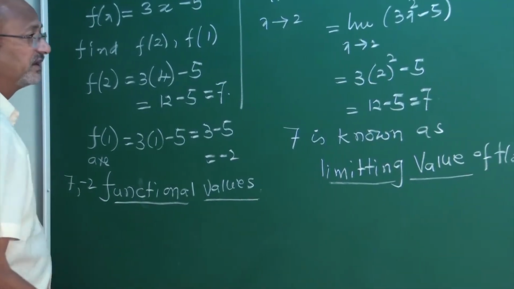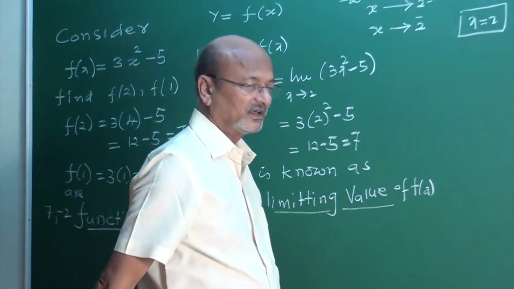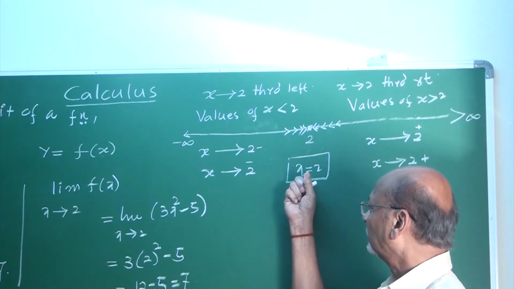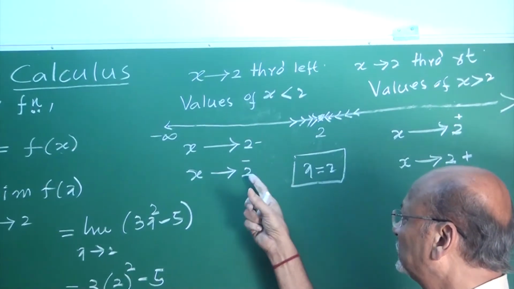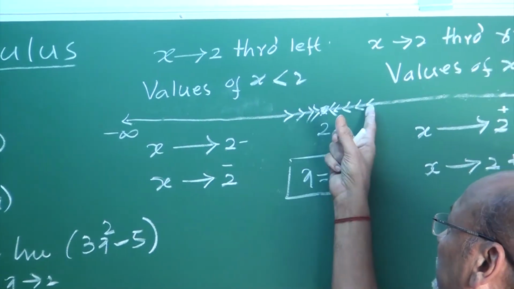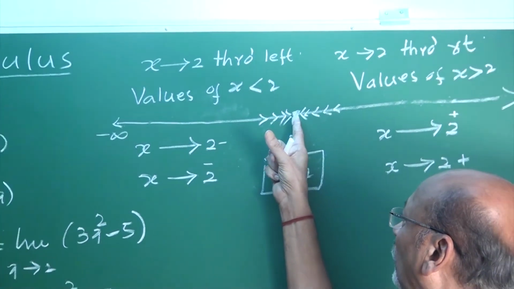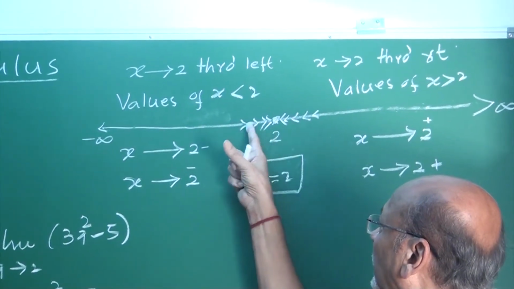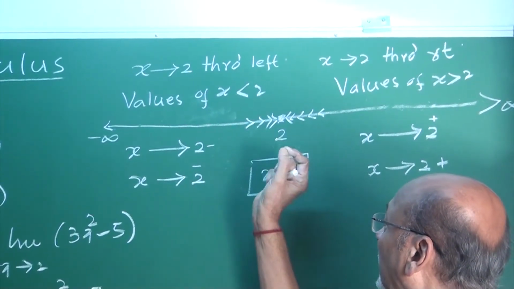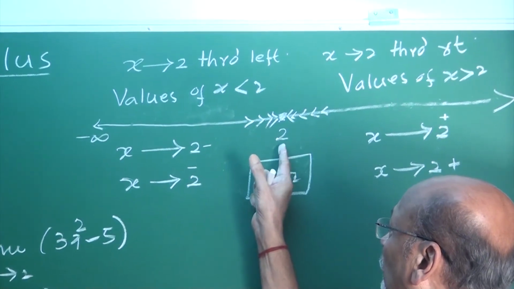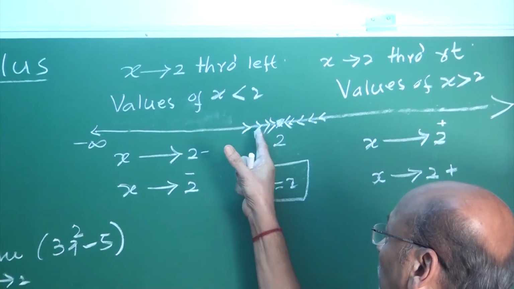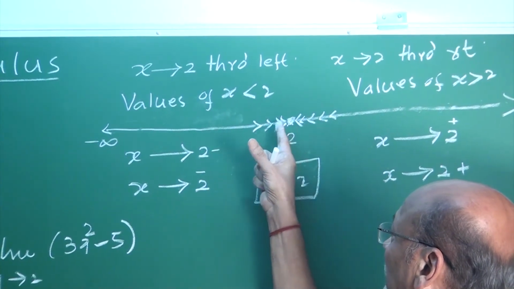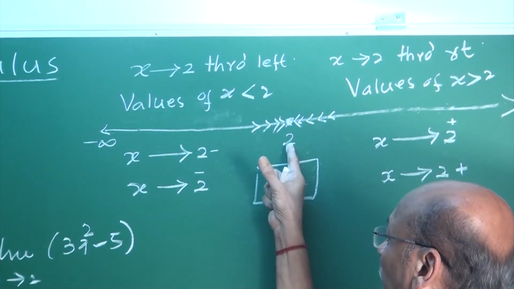As I explained here, what do you mean by x equal to 2? Only one value, the exact value. X tends to 2: in the neighborhood of 2 there exist infinitely many values that never take 2, different from 2, either slightly less or slightly greater, but never 2.